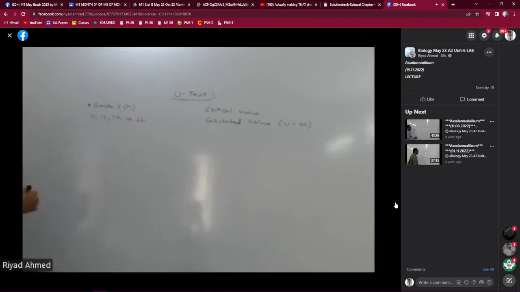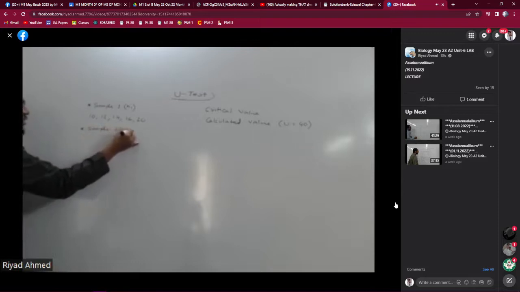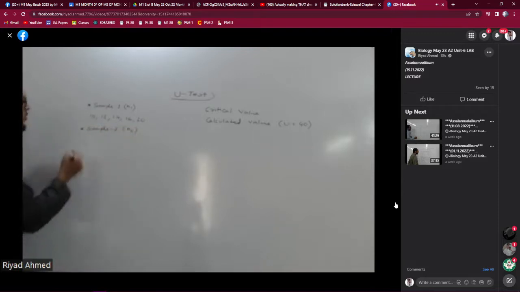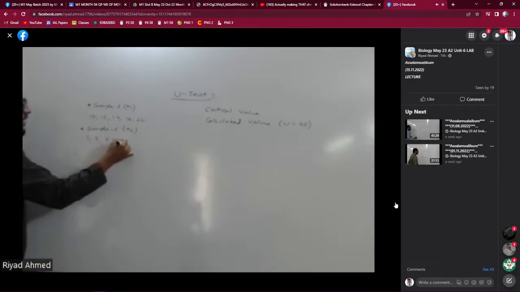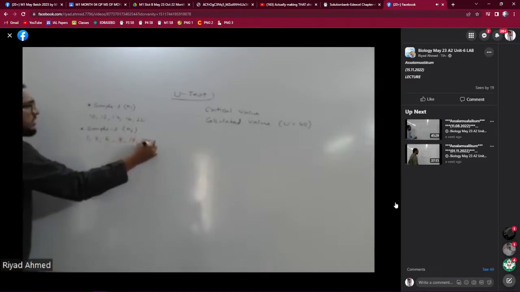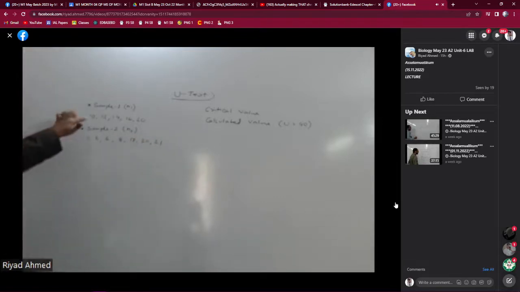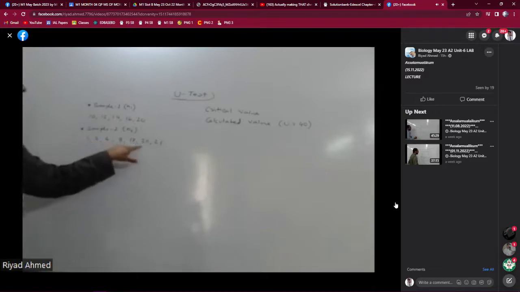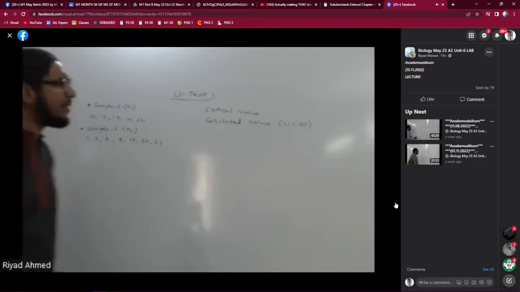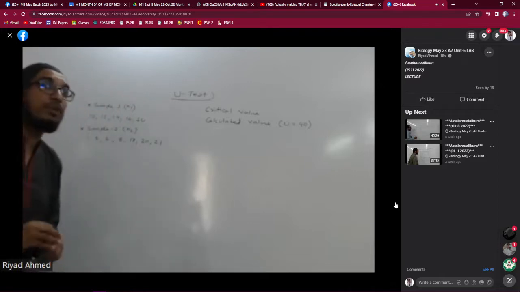Now sample 2, N2. According to the question, you have to give the answer. The values of N2 are 1, 3, 6, 8, 17, 20, 21. Here, how many values are given? 1, 2, 3, 4, 5. And here, 1, 2, 3, 4, 5, 6, 7. Okay. Clear? After that, I'm talking about the u-test.